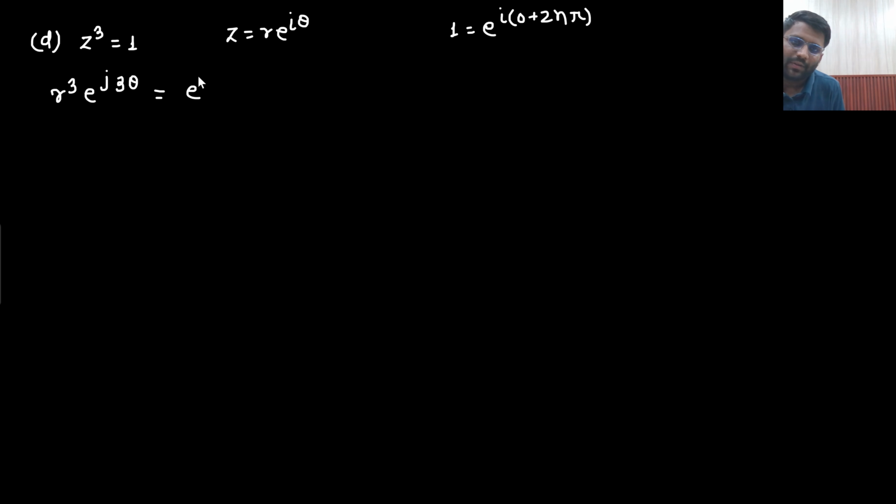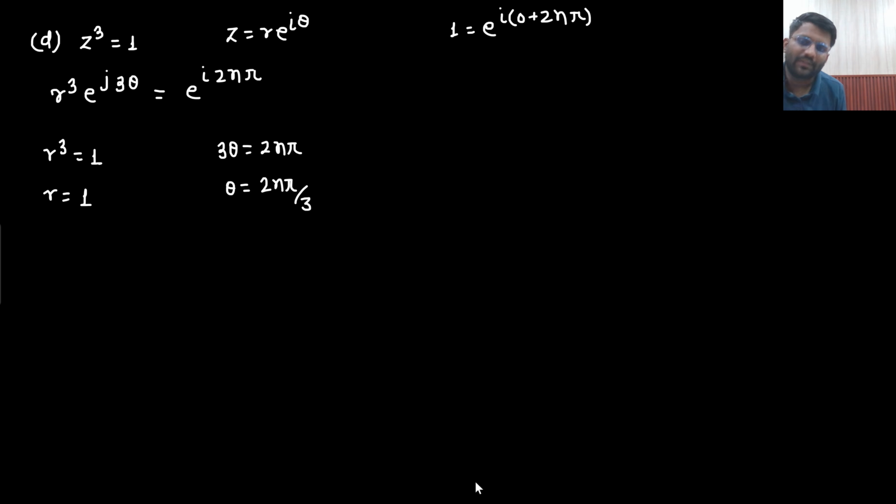So this will become e to the power 0 plus 2n pi. So what is the value of r cube? The value of r cube is coming out to be 1. So what will be the value of r? r has to be 1 only. And 3 theta equals 2n pi. So theta will come out to be 2n pi by 3.